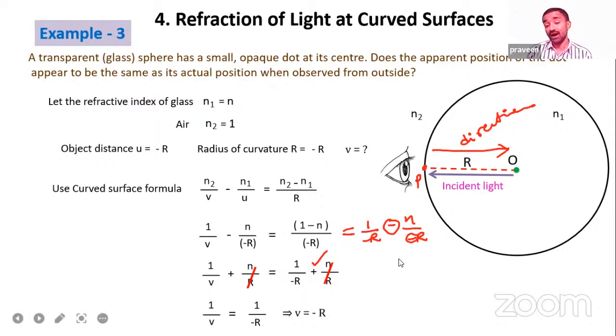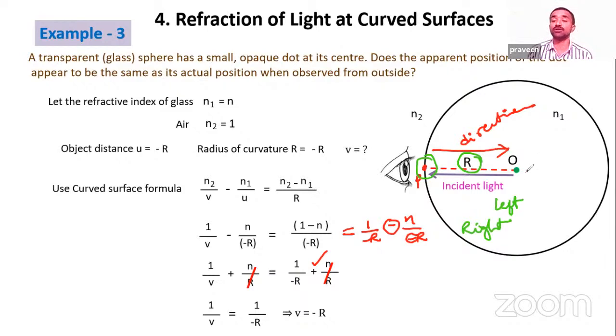So here r is the image distance. What is our radius of curvature? Where can it be located from the pole? All the distances are measured from the pole. The direction is negative, meaning opposite to the incident light ray. The incident light ray direction is towards the left, so we have to measure towards the right.